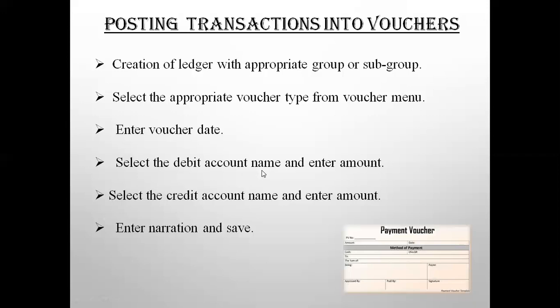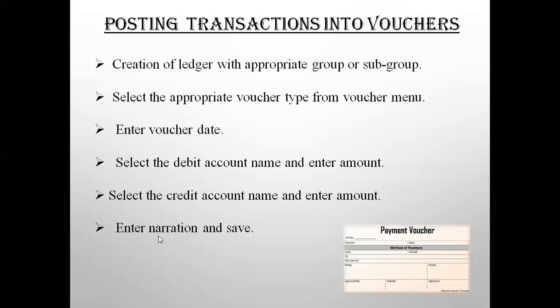If it is not created, you can create it later on also. When you have already created the ledger first, then you can just select the debit account name and enter the amount on the debit side. Then select the credit account name, cash in our example, and then enter the same amount so that both the debit and credit side tally.